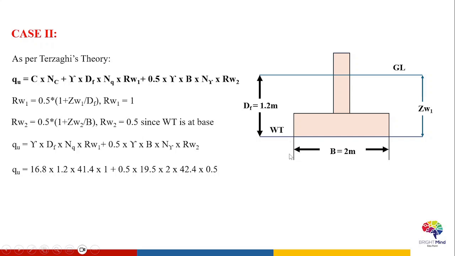Hence we have to consider the saturated unit weight, and the soil above the base of the footing is dry, so we'll be considering the dry unit weight. Taking all these possibilities on solving, we get the value of ultimate bearing capacity as 1248 kilonewton per meter square.